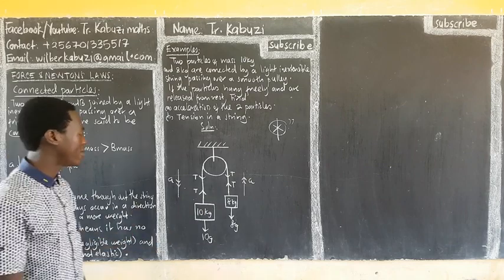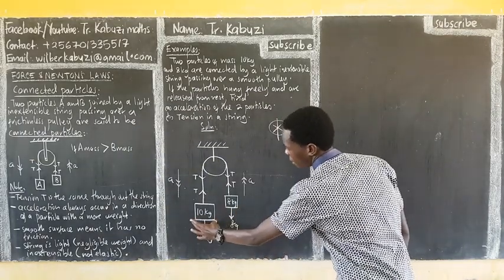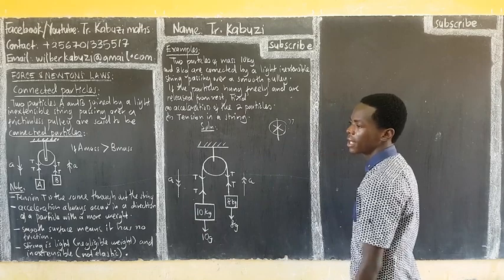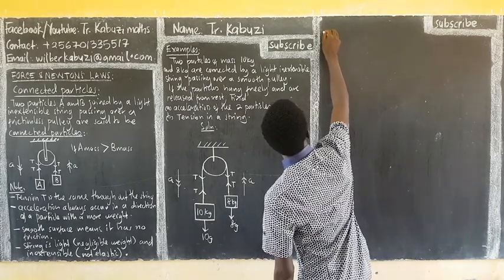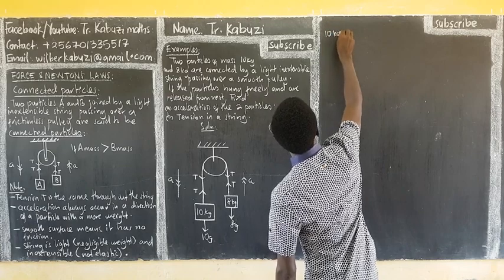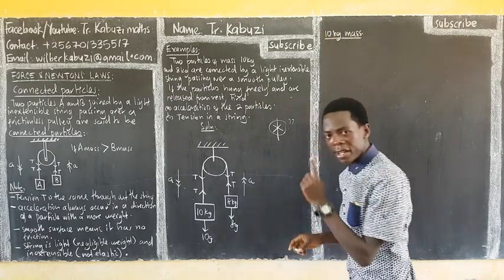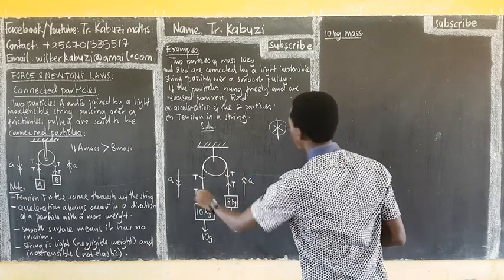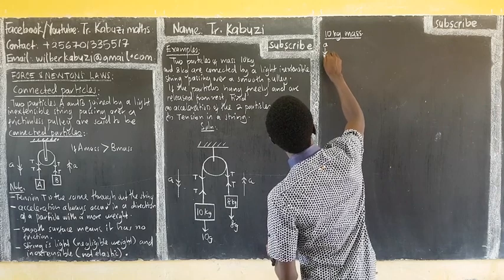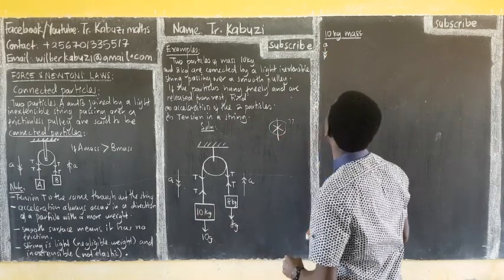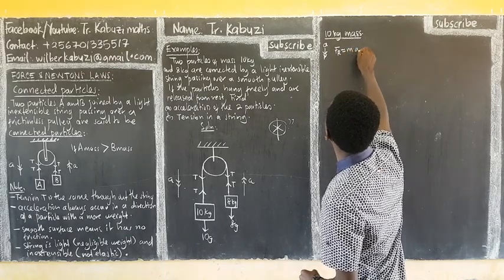Because the rest is just how to resolve this and then how to get the resultant force of this and the force acting on that. So we start with this one, the 10 kilogram mass. Where is the acceleration? The acceleration is going downwards on this particle. Remember, our resultant force should be equal to the mass times the acceleration.